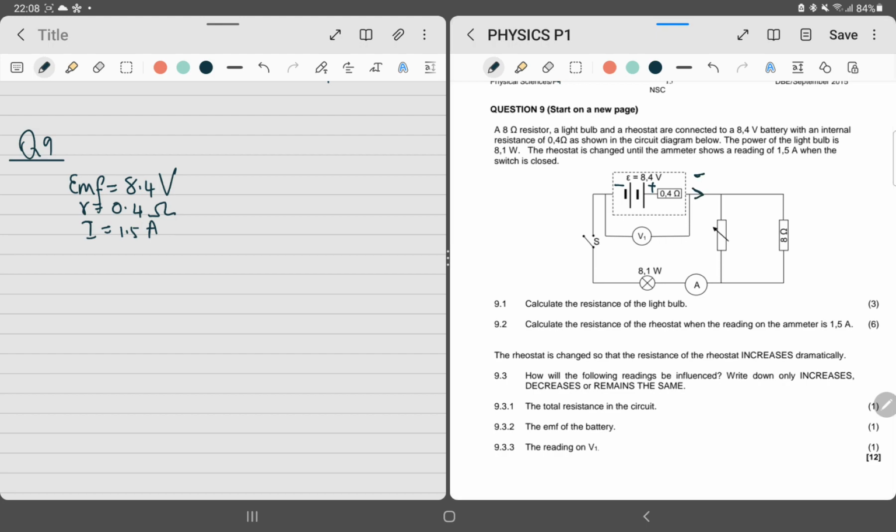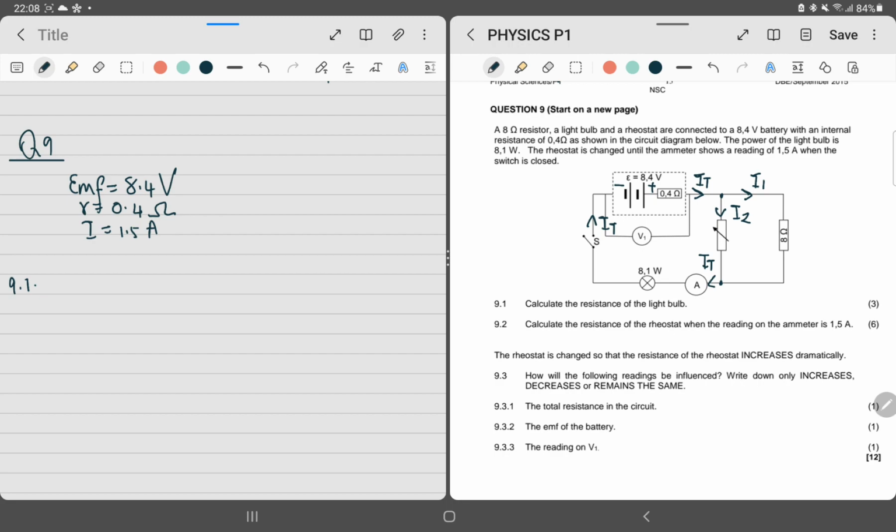The total current is going this way. At the node, the current will be divided. So we'll have I1, we will have I2 this way. The current will combine again to be I total, and then we'll have I total back into the battery.